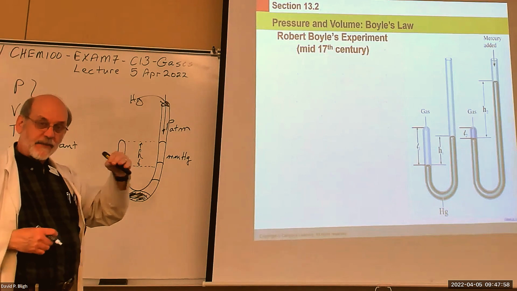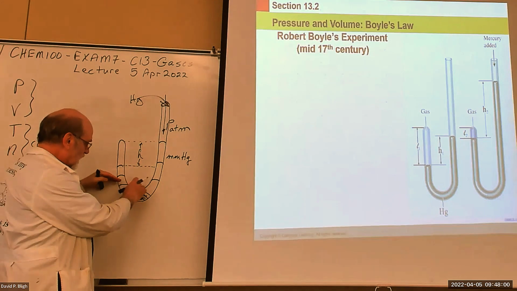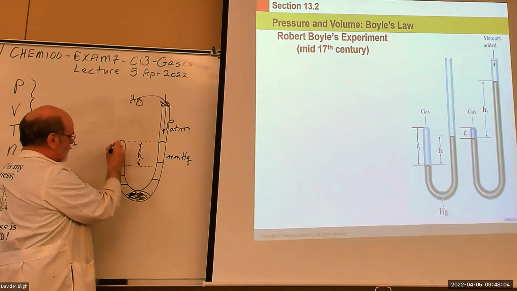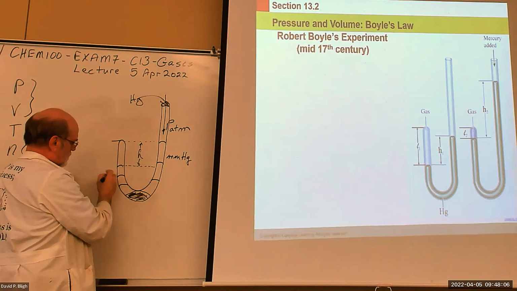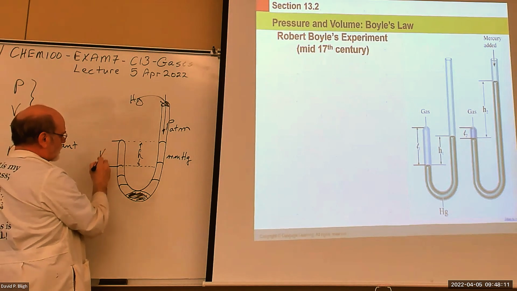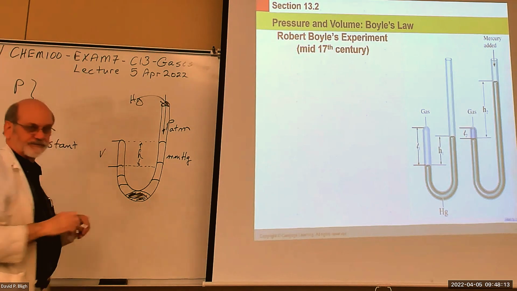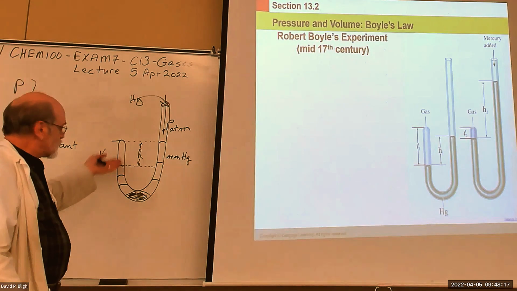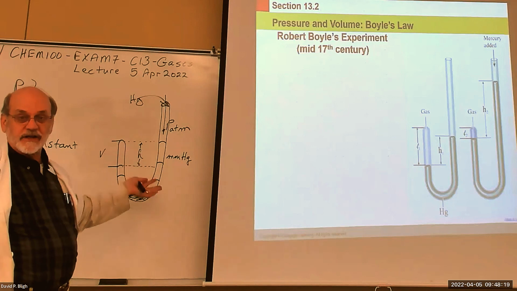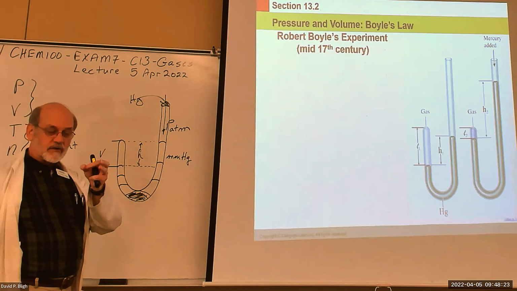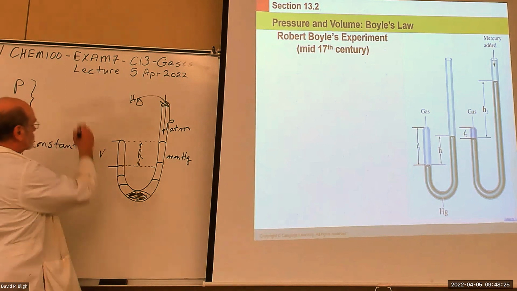And he did this stepwise. He added a little bit, measured that distance, plus this, and then he measured this one also. So this would be the volume of the gas. Now, these tubes were uniform diameter, so you could calculate the volume if you wanted to. Or since they were uniform diameter, remember the volume of a cylinder?